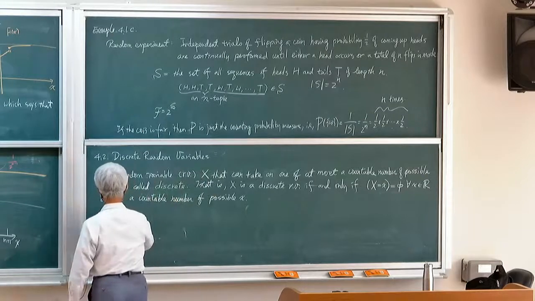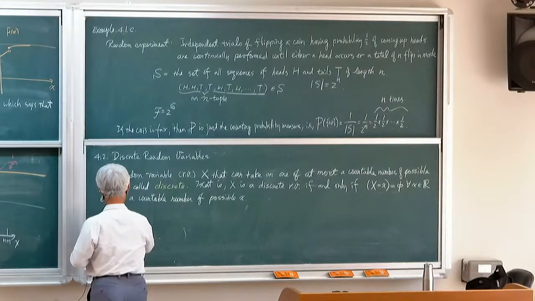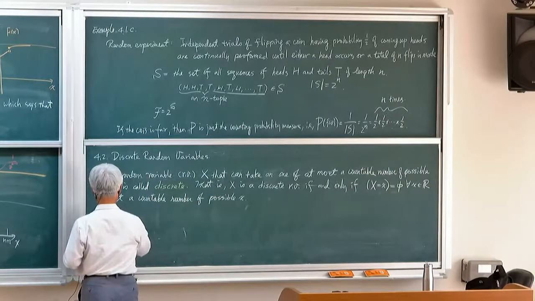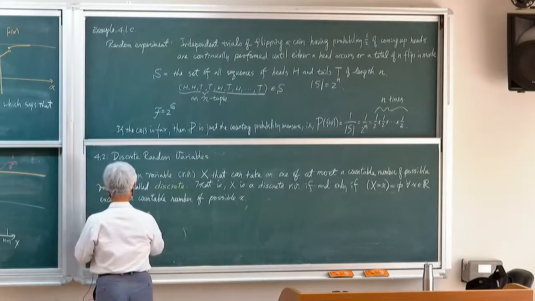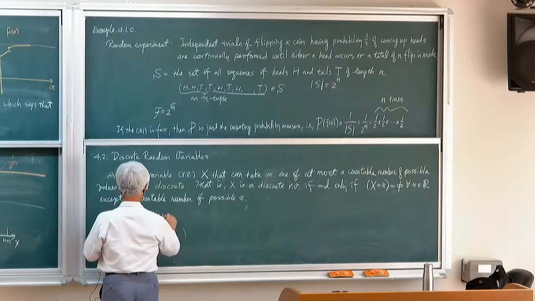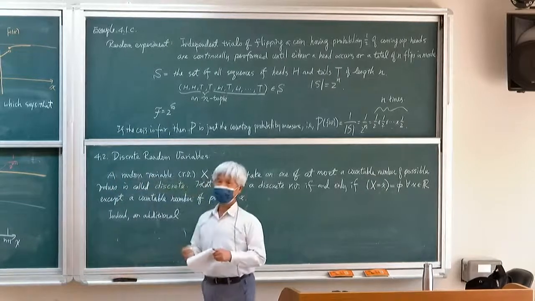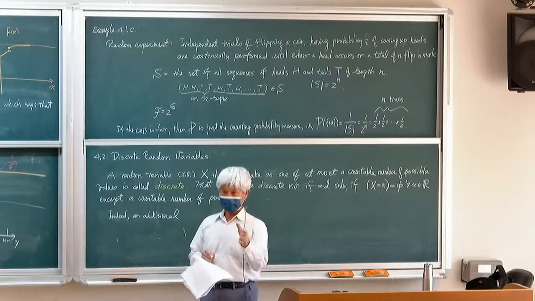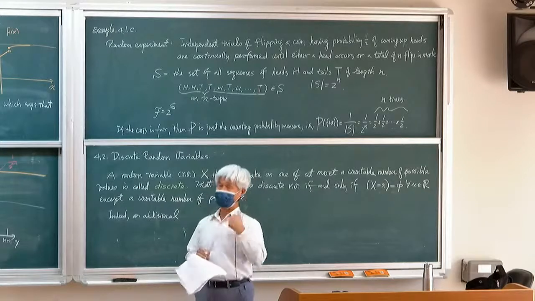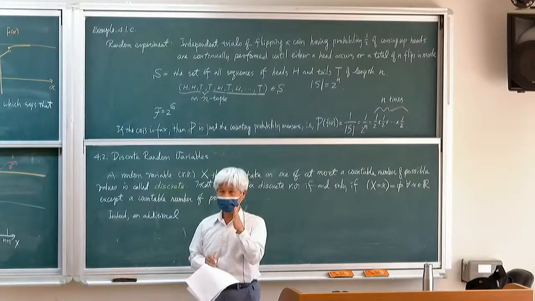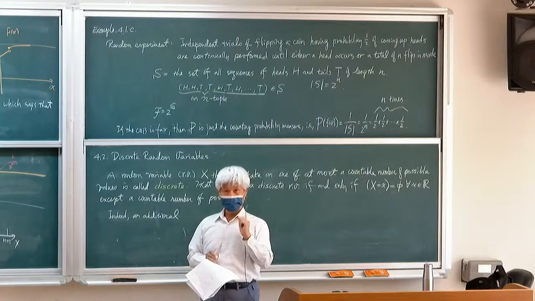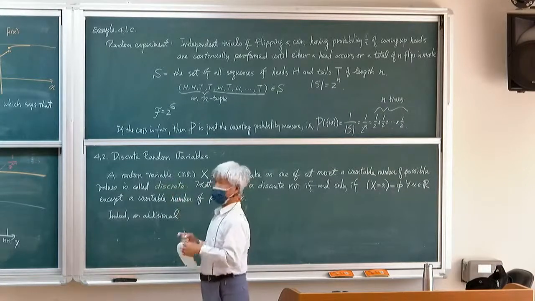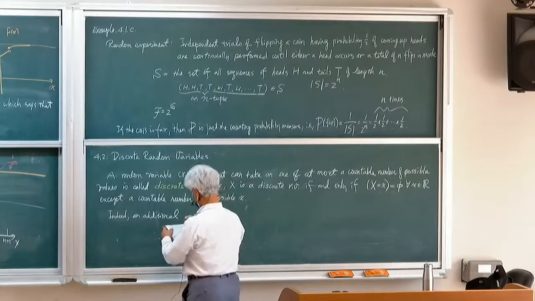Now, an additional point. Remember at the beginning of today's lecture, when I defined random variable, I said a random variable is a function from the sample space to the set of all real numbers, subject to a certain property, which we will discuss later. The same holds for discrete random variables.